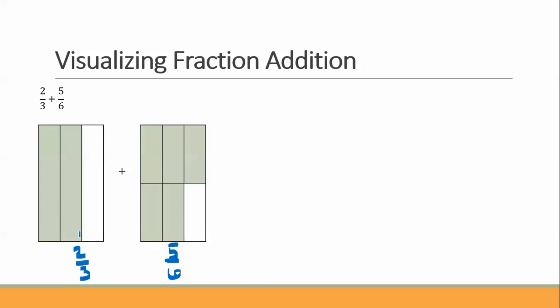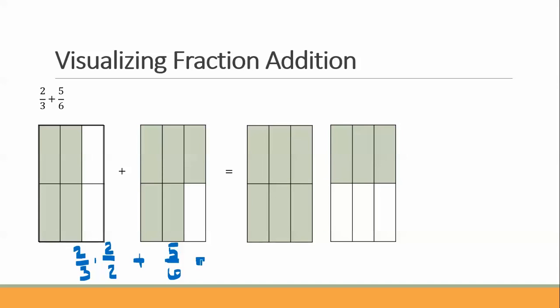Notice, to get these to be the same as this one, we already have the 3 vertical here, so we just have to multiply this one, or divide this one, into 2. So to get our common denominator, we just have to multiply by 2/2. And we're adding, so this becomes 4/6 plus 5/6.